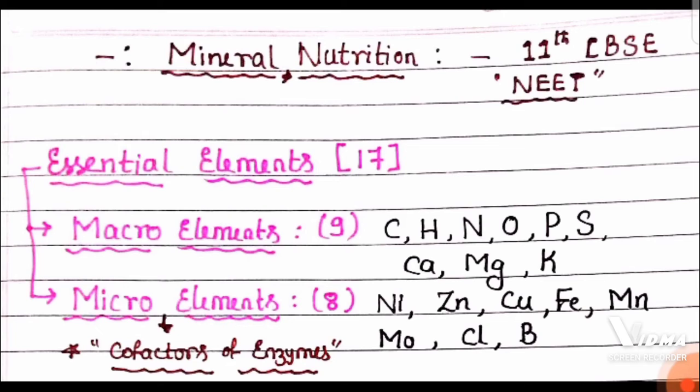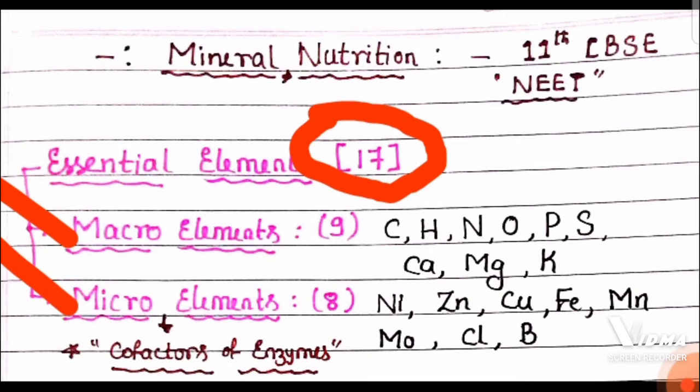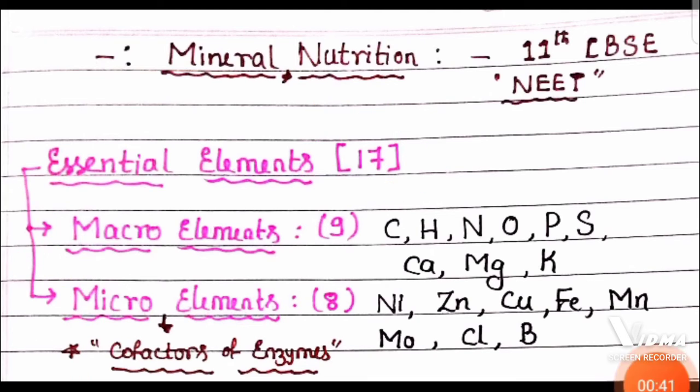Children, first of all, there are around 17 essential elements required for plants, categorized into two types: macro elements and micro elements. A total of 9 macro elements are required for the proper growth of the plant.